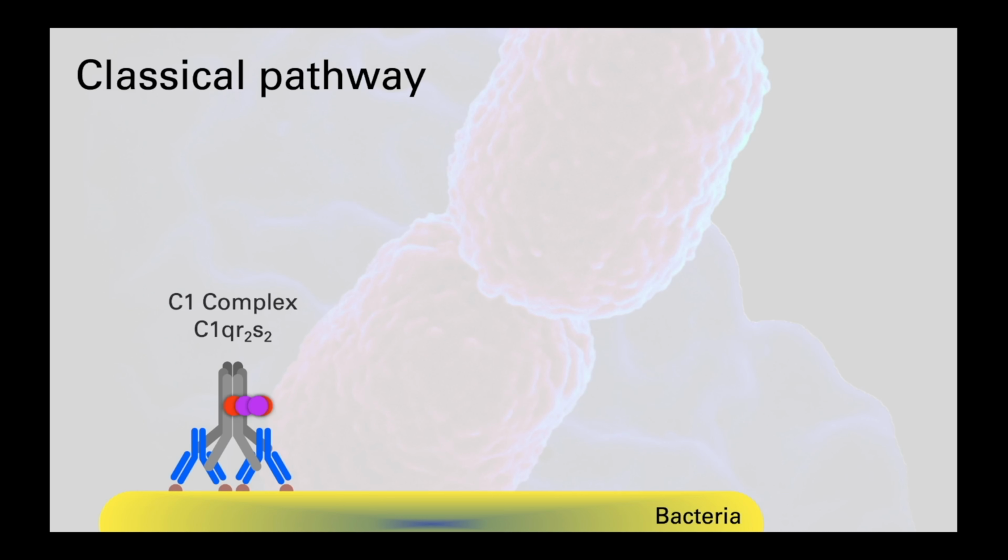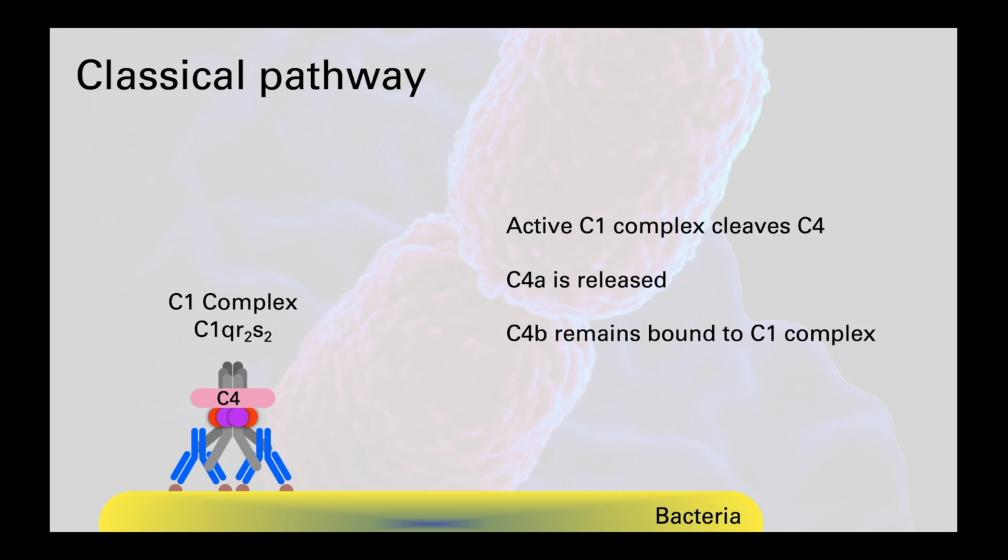C1q recruits two molecules of C1r and C1s, which are both serine proteases that become activated in sequence as they bind to C1q. This C1 complex, which is designated C1q r2s2, cleaves the next complement protein in the cascade, which is C4, into C4a, the small fragment that floats away, and C4b, the big fragment that remains bound.